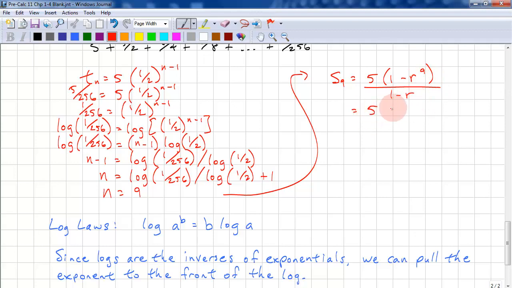So 5 times 1 minus 1/2 to the power of 9 over 1 minus 1/2. And again, we want to keep things as fractions. We don't want to use decimals because we want an exact value.